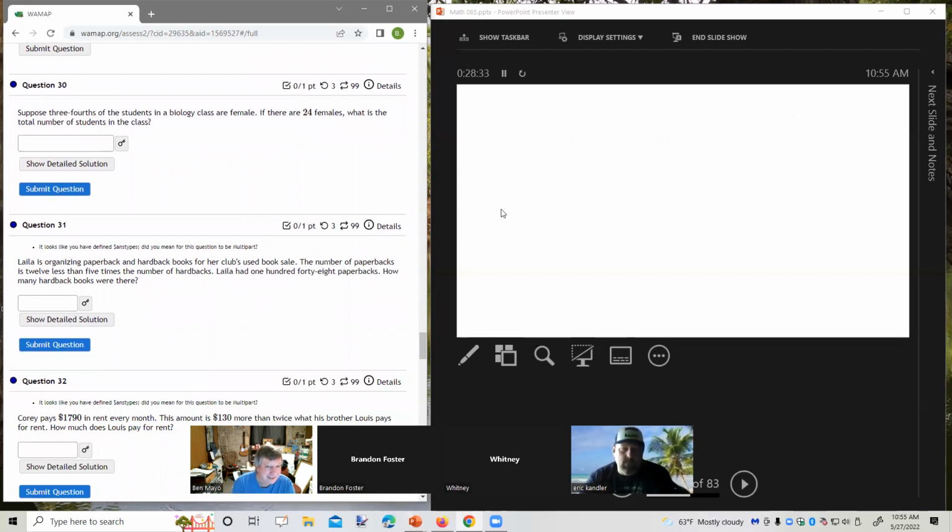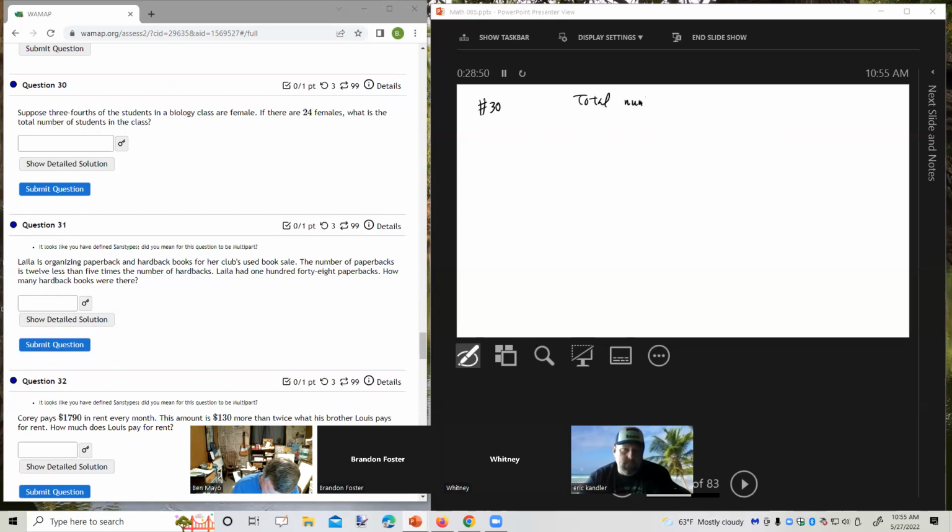Okay. Number 30. Suppose 3/4 of the students in a biology class are female. If there are 24 females, what is the total number of students in the class?